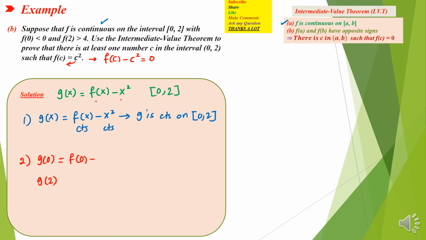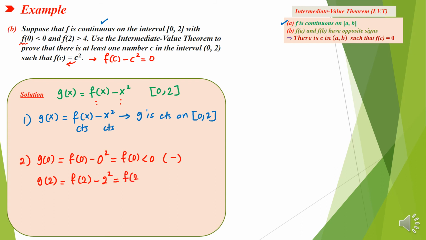Now g of 0 is f of 0 minus 0 squared, and 0 squared is 0, so we have f of 0. As mentioned in the question, f of 0 is less than 0, which means that g of 0 is negative. Now g of 2, by the definition of g of x, is f of 2 minus 2 squared, which means f of 2 minus 4.